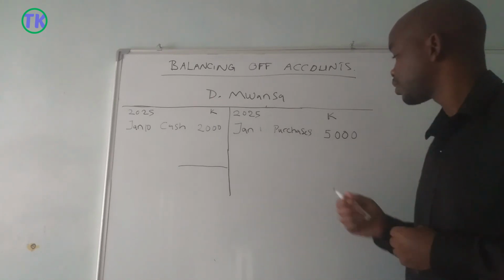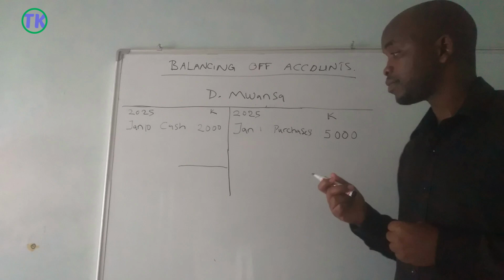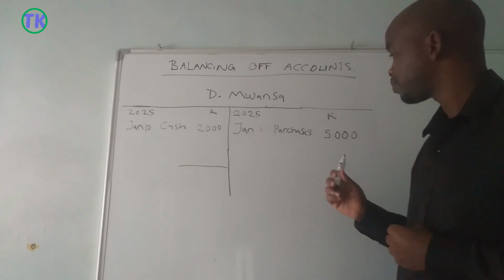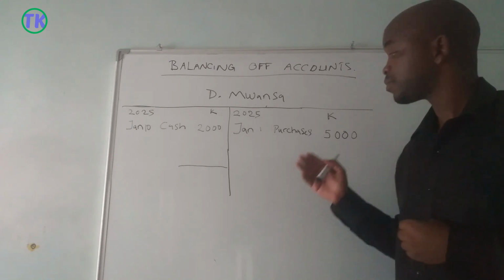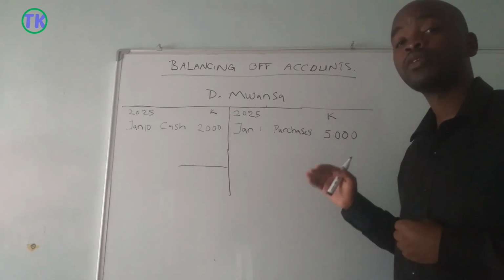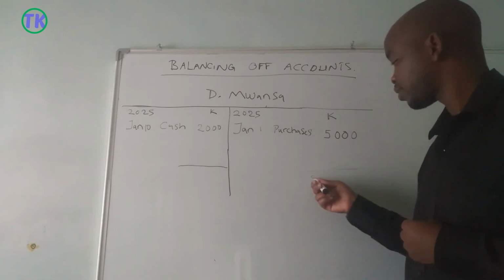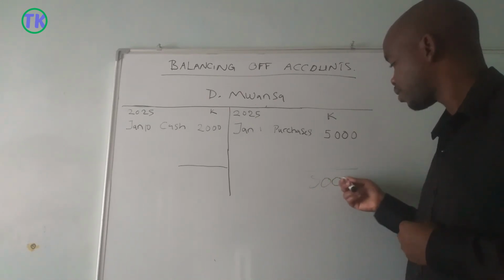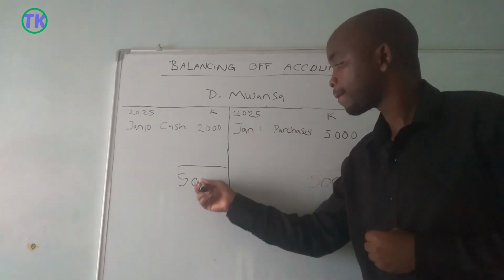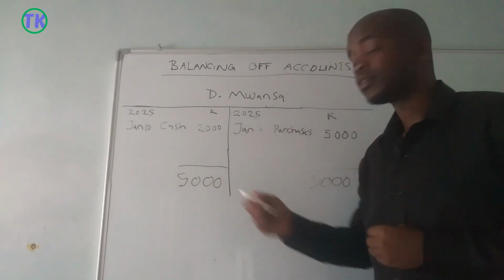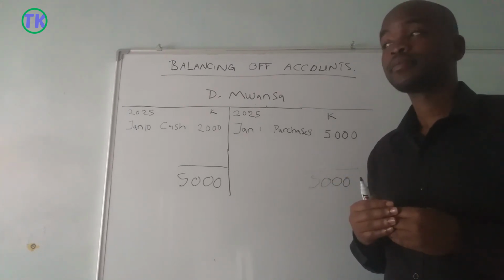Then we take the highest total, and that's what we indicate on both sides of the account. On the credit side, we have 5,000. Comparing the two, 5,000 and 2,000, we can see that we have a higher number on the credit side. So that's the number that we indicate on both sides.